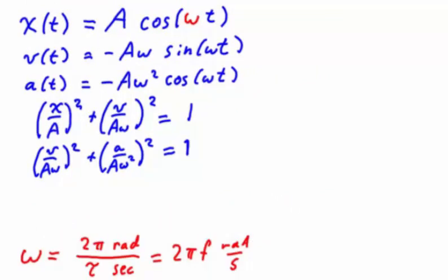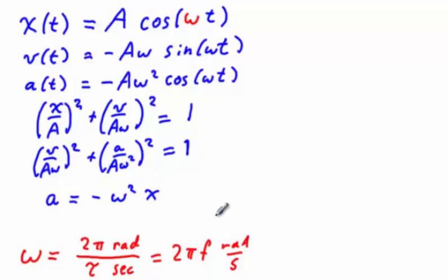Finally, the simplest one is to get x as a function of acceleration, and in that case we see that since x is amplitude times cosine, and acceleration contains amplitude times cosine, we get a very simple relation that acceleration is negative omega squared times x.